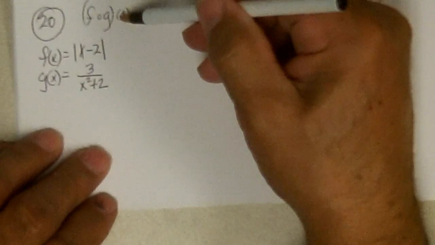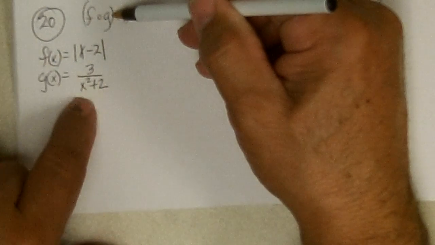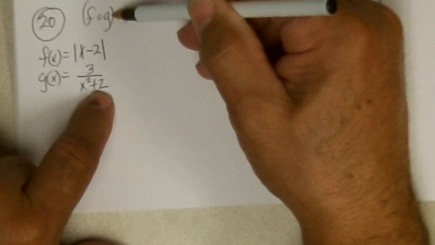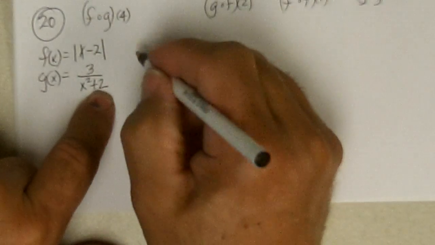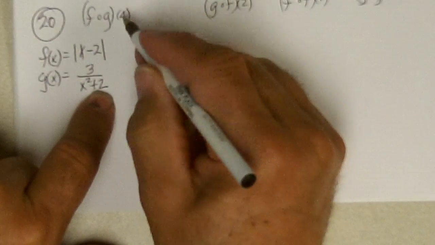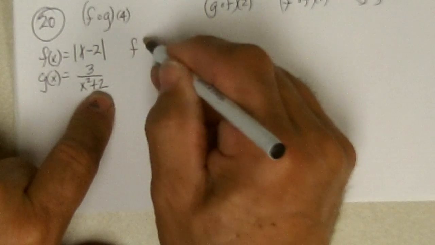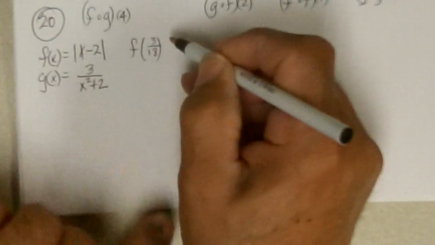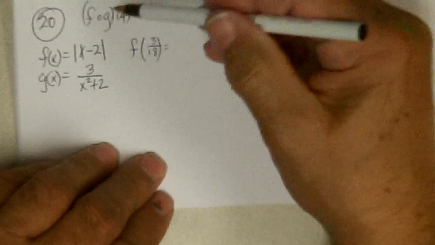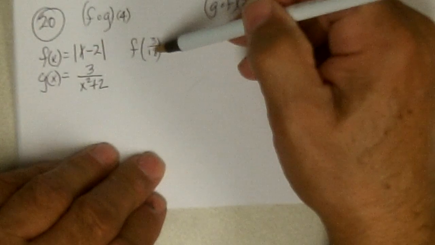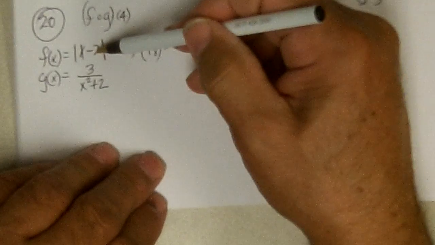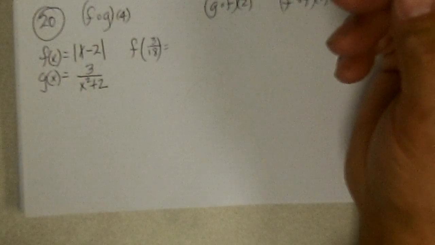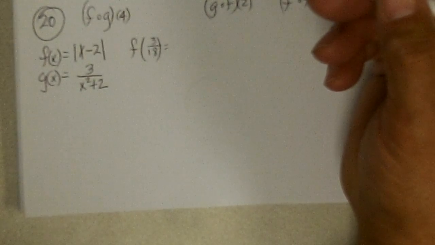So here it says put 4 into g. So I'm going to get 3 over 4 squared, 16, 17, 18. 3/18. So this will change to f of 3/18, which is going to be 3/18 minus 2. 2 is 36/18.